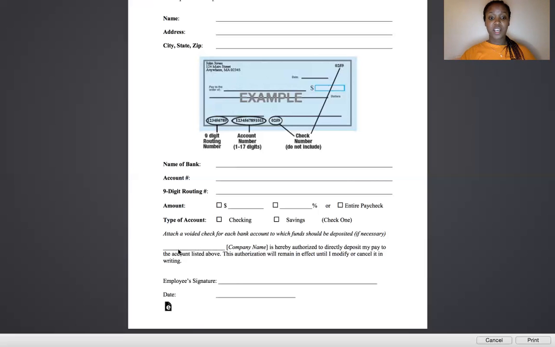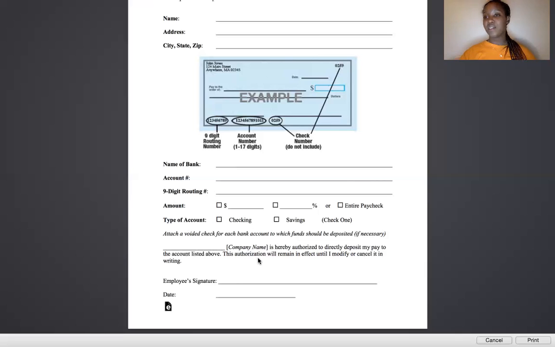So you say, for example, Catholic Charities is hereby authorized to directly deposit my pay to the account listed above. This authorization will remain in effect until I modify or cancel it in writing.